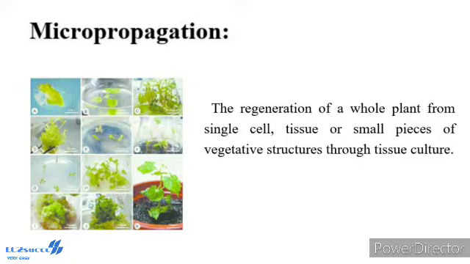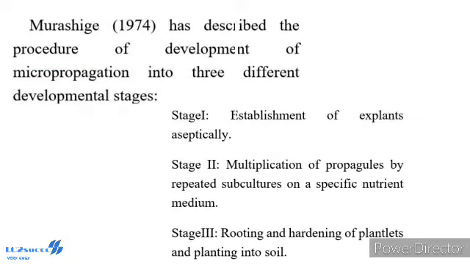In the micropropagation method, many types of media are used. The famous scientist Murashige, in 1974, described the procedure of micropropagation in three developmental stages. Stage 1, establishment of explant aseptically.